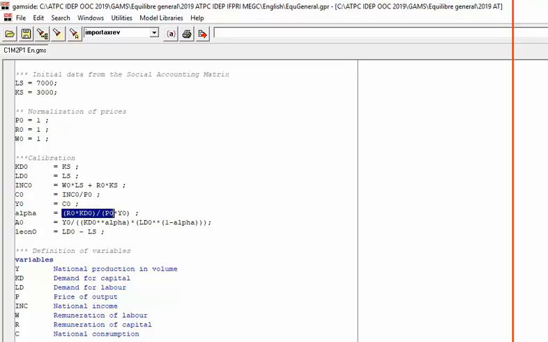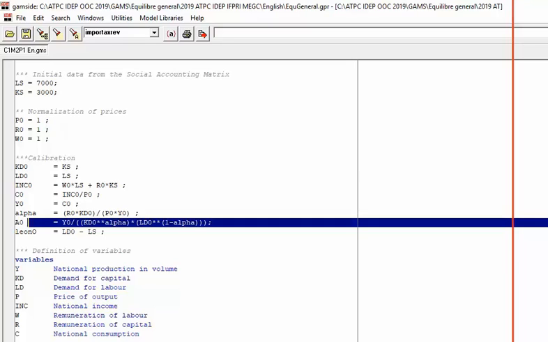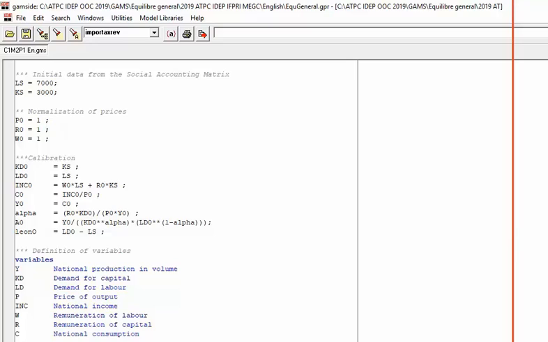Be sure that you have a parenthesis at the denominator, because if not, you can have one term of these products which is at the numerator instead of being at the denominator. Then you can calibrate the total productivity of factors, and you can calibrate Léon0, which is the initial value for the Léon variable.